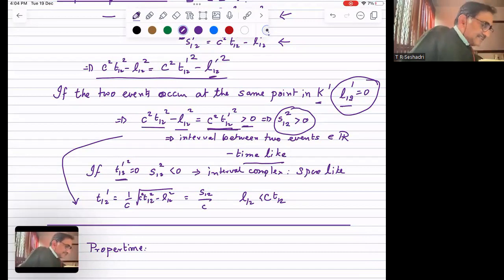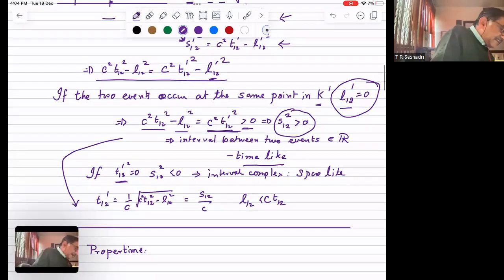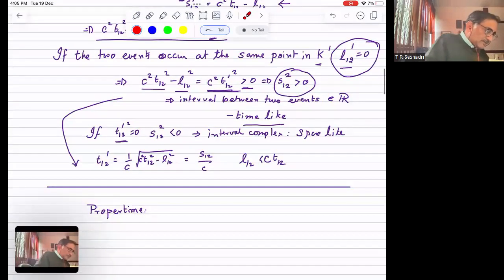And since T12 prime is 0, this quantity is minus L12 prime squared. So I have S12² less than 0. So this interval is complex or imaginary. This is called space-like separated.